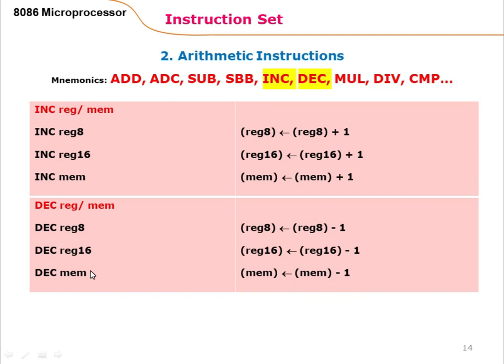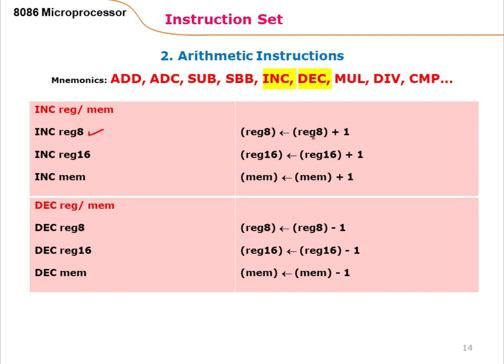Next instructions are increment and decrement. Increment means incrementing the content of the given register or memory location, and decrement means decrementing the value stored in the register or the contents of the memory location. The instruction increment is INC. INC register, this is an 8-bit register.